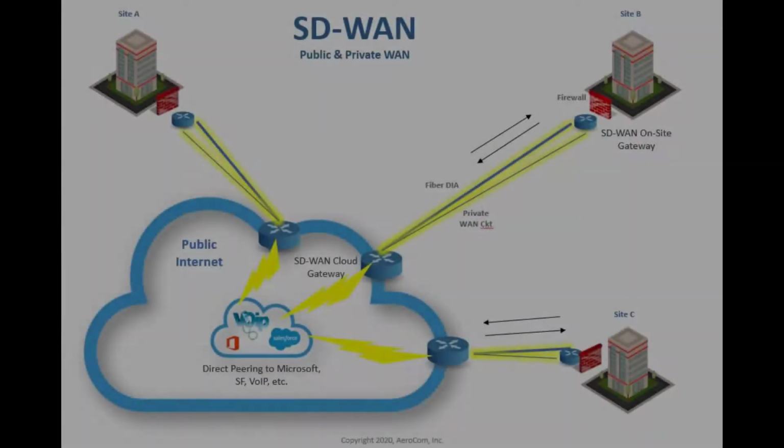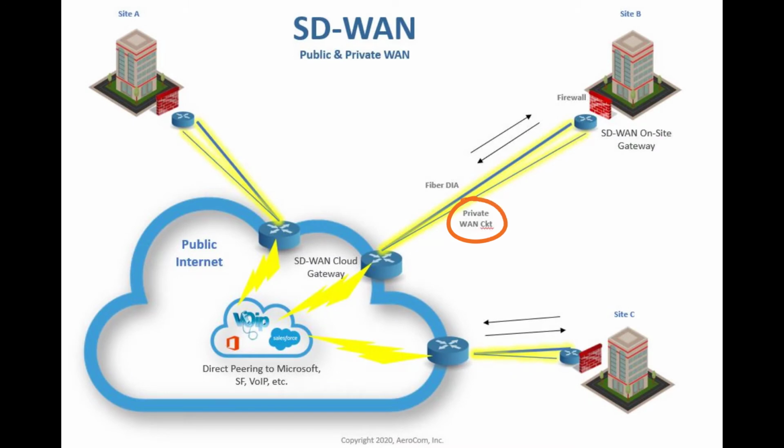So say for instance, you've got some private line circuits that you want to keep in place that are great solutions, maybe linking one location to the next, and you don't really want to get rid of those, but you still want to add SD-WAN and use that to help load balance between the private networking solution and the public internet for different applications.